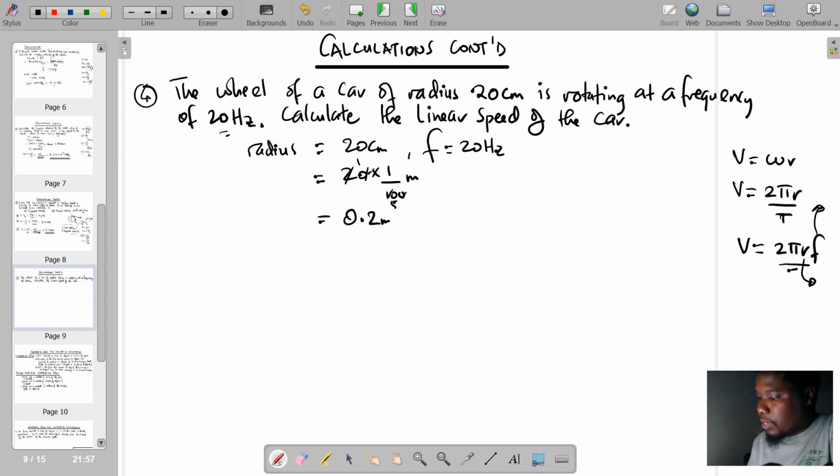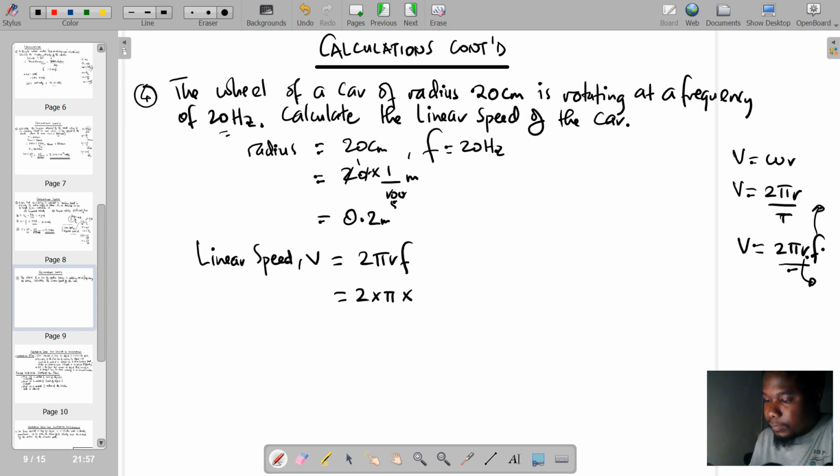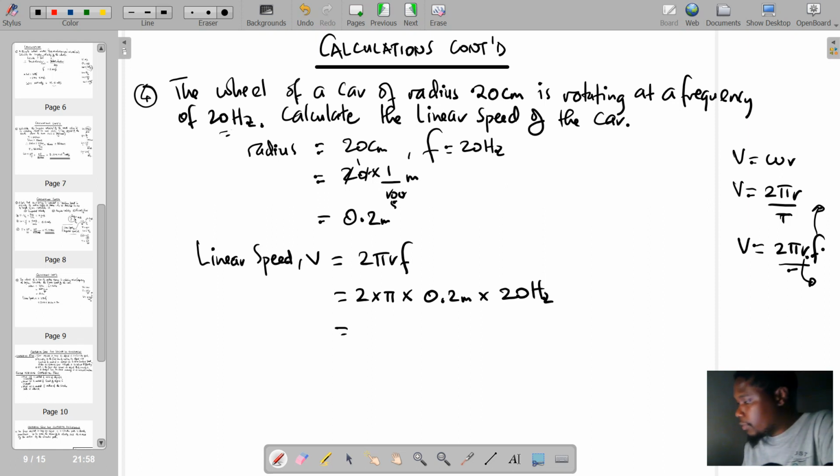So we know the radius, we know the frequency, we can calculate the linear speed. We'll say linear speed, which is V, equals 2 pi R F. So 2 times pi times the radius 0.2 meters multiplied by 20 hertz.